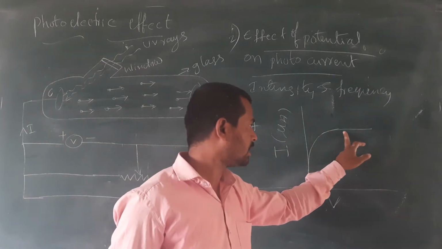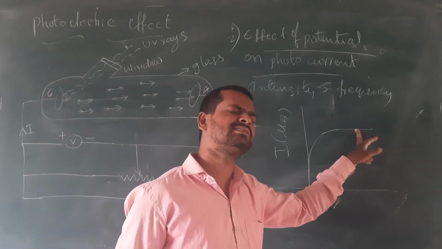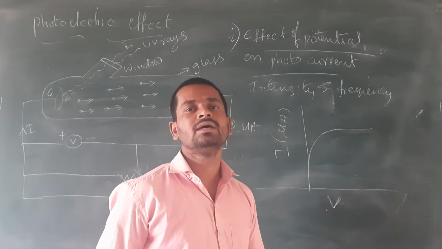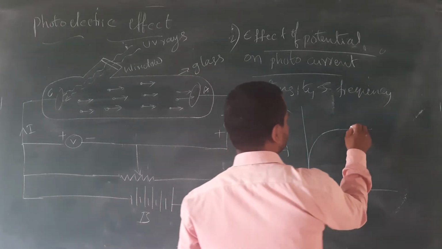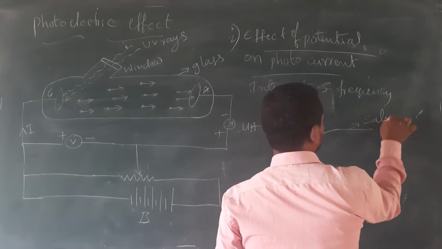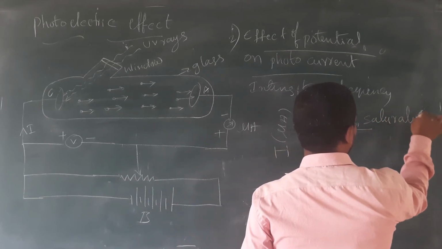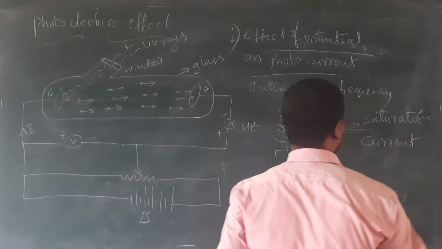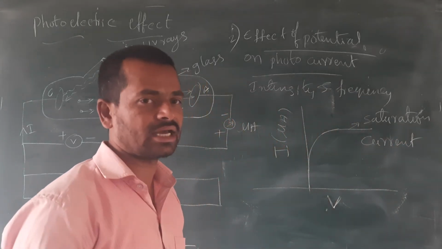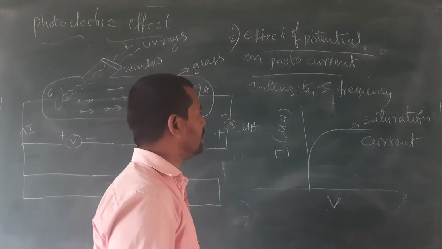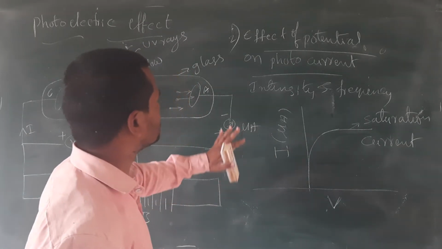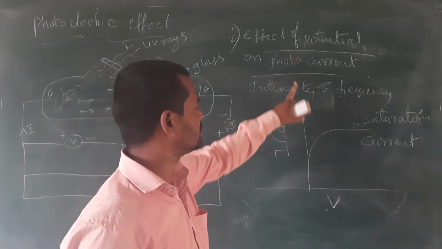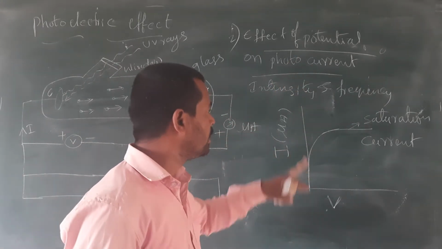Then it shows the constant maximum current, called saturation current. So like this we get the saturation current. When the potential changes, the current also changes.